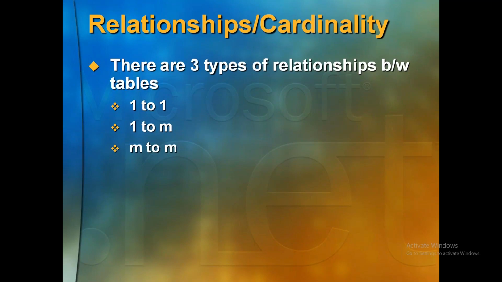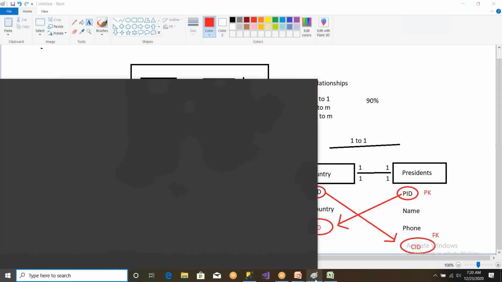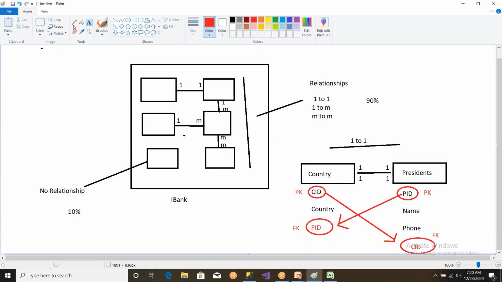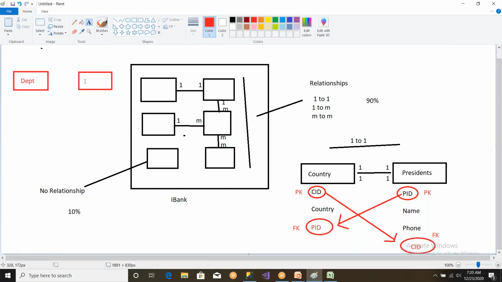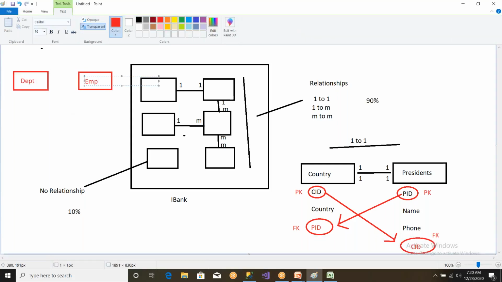When I take the one-to-many relationship, how is it going to work and what are the things we need to understand here? Let us take one example. I have a table called the department table, and there is a table called the employee table.